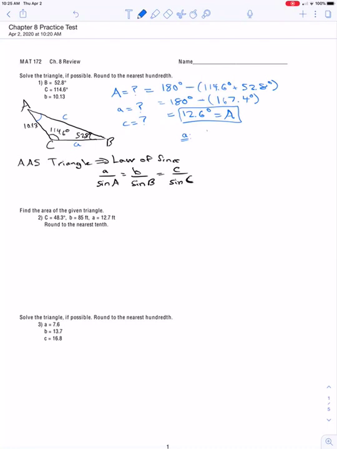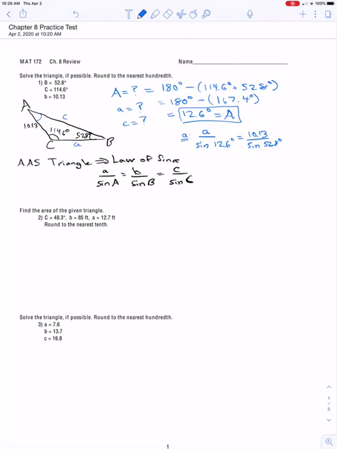We know that a over the sine of angle A, and angle A is 12.6 degrees, which we just found, equals, let's use b over sine of angle B. So b is 10.13 units over the sine of angle B, which is 52.8 degrees. So we set up the proportion: a over sine of angle A equals b over sine of angle B.